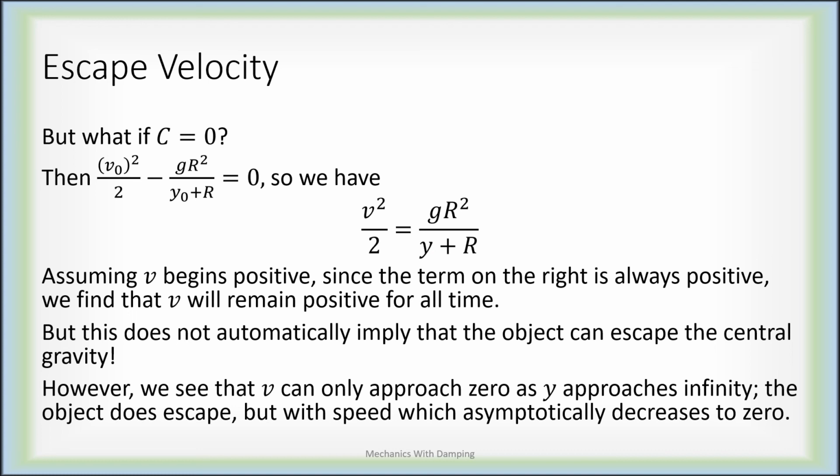So the object does actually escape out to an infinite value of y, an infinite distance from our gravitational pull. However, it does so with a speed that asymptotically decreases to 0. So when this quantity c was positive, there was actually a fixed minimum velocity. Not only do we escape gravity, but our speed never drops below a fixed quantity. If c is exactly equal to 0, your velocity will asymptotically approach 0, but you do still escape to an infinite distance.